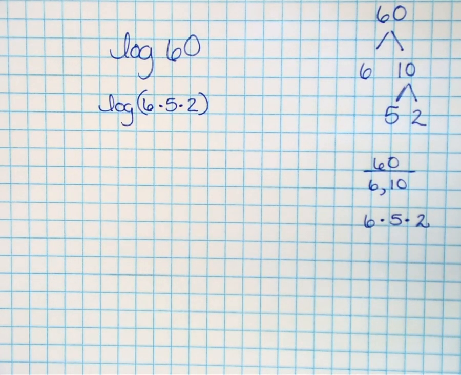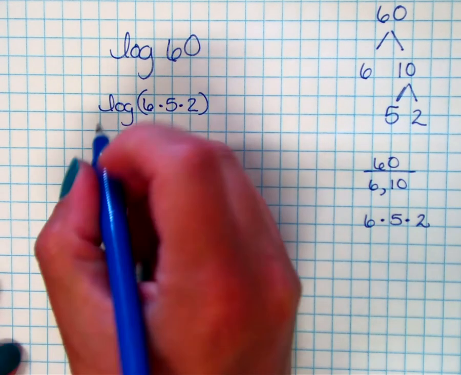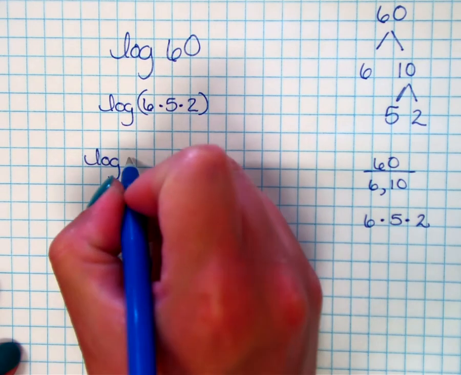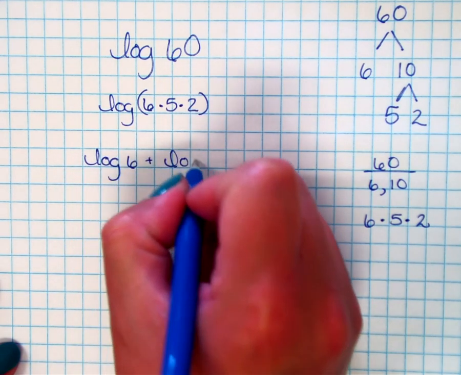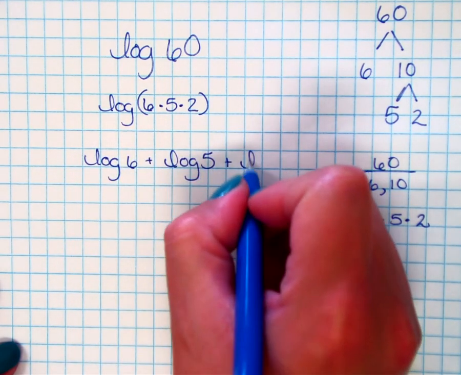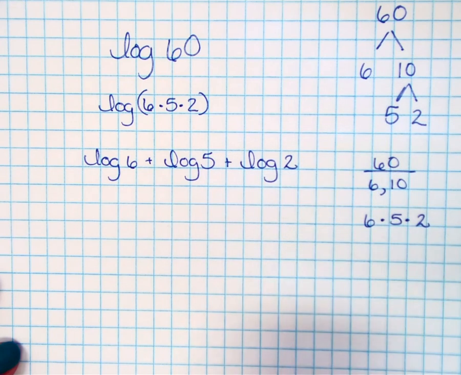So we're going to apply a log law to this. When we're multiplying the arguments, what are we doing with the laws? When you're expanding them, you're adding. So it's going to be log 6 plus log 5 plus log 2.